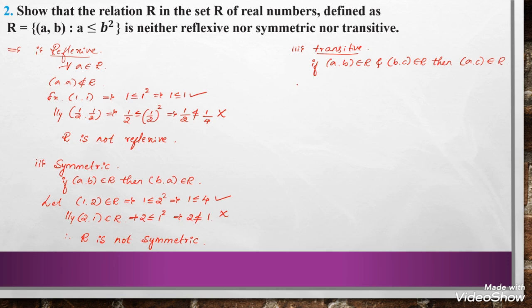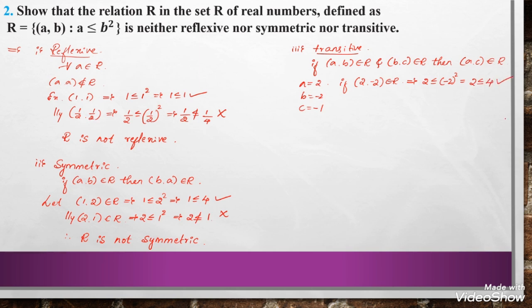I will take directly one example: a = 2, b = -2 and c = -5. These are the three numbers. First, does (2, -2) belong to R? 2 ≤ (-2)², that is 2 ≤ 4.